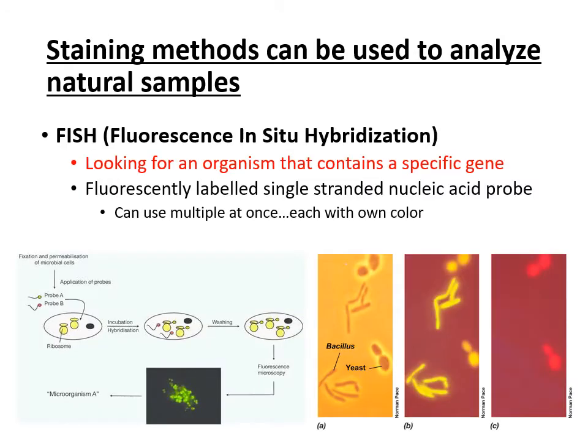Now, when you want to get more specific, the staining techniques that you can use are ones like FISH. FISH stands for fluorescence in situ hybridization. What they do here is they frequently target rRNA sequences of the ribosomes, and they'll stain with probes without lysing the cells, so they're not killing the cells in this process.